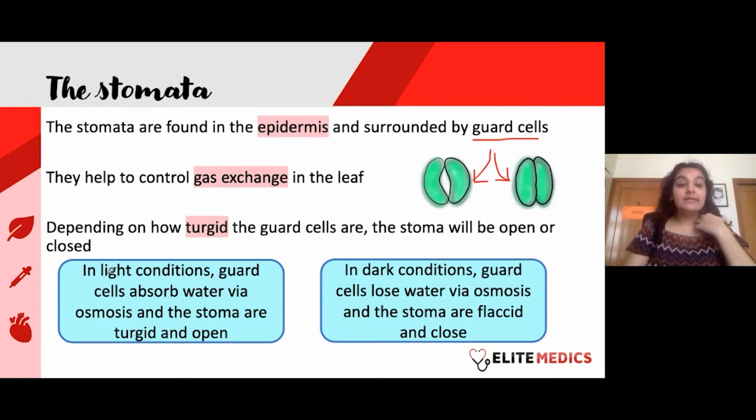As you can see here, in light conditions, they open up because that means that, yes, carbon dioxide is coming in, yes, we've got the light energy, and even if we lose a little bit of water, it's okay because we have everything else that we need, and hopefully we'll have enough water for that reaction to go on as well. But then as soon as it gets dark, the guard cells close, preventing any carbon dioxide from coming in, also preventing the loss of any water vapor.